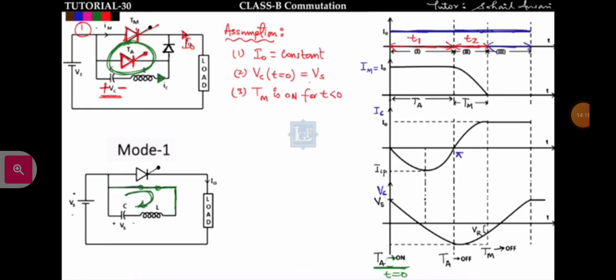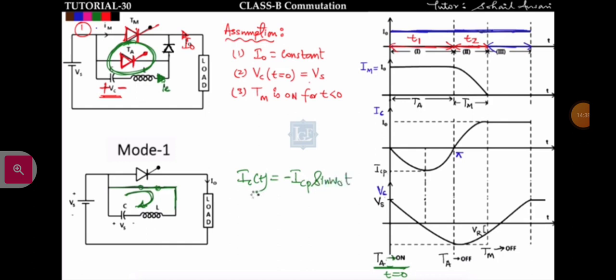I have assumed that IC is flowing from left to right, but when you trigger this thyristor Ta, the current will flow opposite to this IC. Then what will be the equation of IC of t? The IC of t will be minus ICP sine omega naught t.